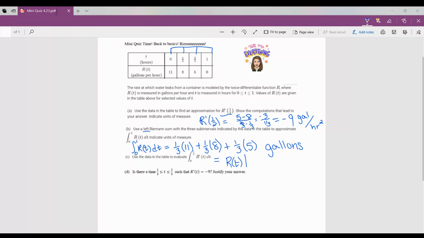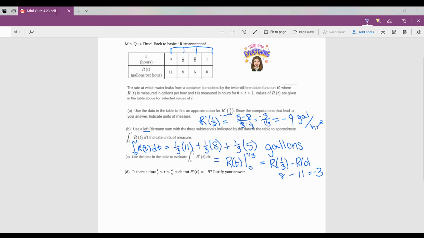And then we evaluate that from 0 to 1/3. So we plug in 1/3, so R of 1/3 minus, plug in my lower bound, R of 0. So we plug in 8 minus 11, so that equals -3. Final answer.